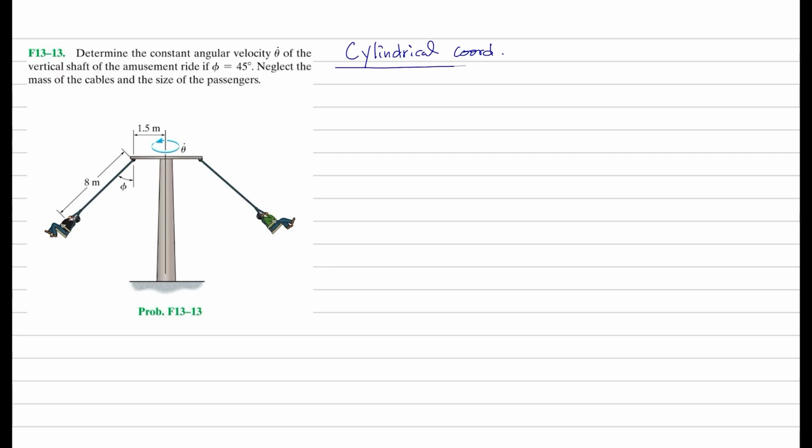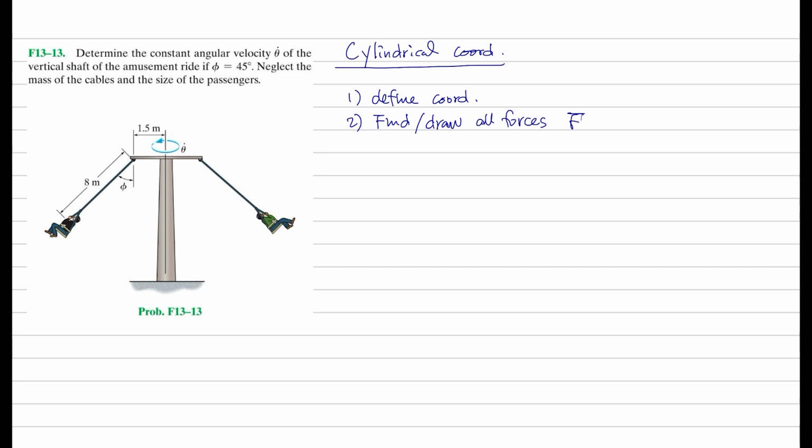And when we're trying to solve these types of problems in class, I told you guys to go over these steps. So number one is define the coordinate system, right? And find and draw all forces.